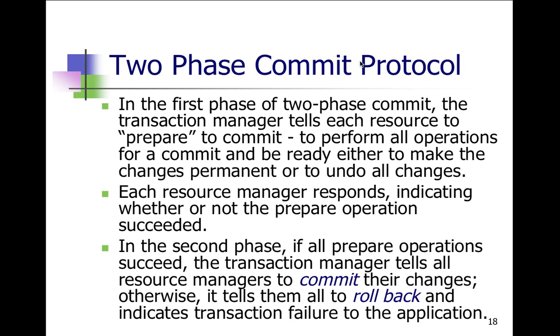And that was the first request. And then the second request, after each resource manager responds, indicating whether or not the prepared operation is going to be successful. Then in the second phase, if all prepared operations succeed, the transaction manager tells it to, okay, submit it.